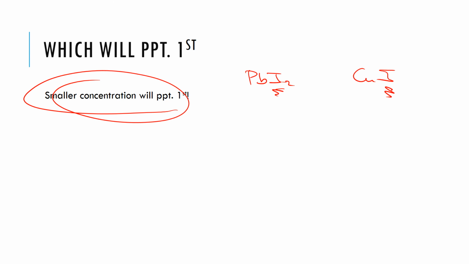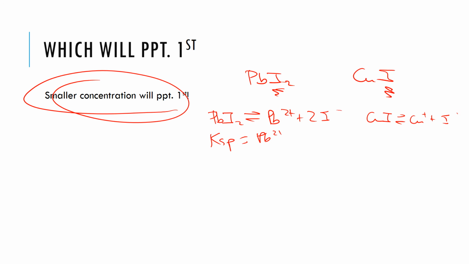So how I approach these is I write the equations for both. So CuI would break into Cu+ plus I-, and then I would write the KSP formulas for both. So Pb2+ times I- squared, and this one would be Cu+ and I-.